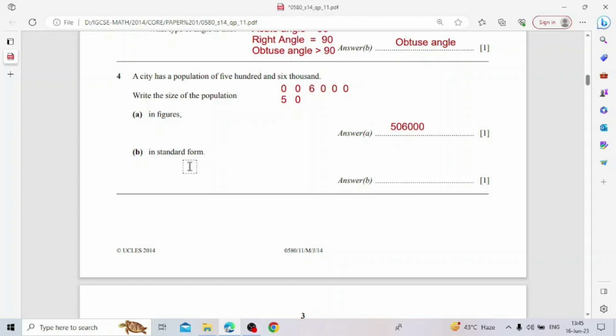In standard form, you write the number in short, with the rest of the numbers raised to 10 to the power of something. Suppose I have this number, 0, 6,000. How can I write this as a standard number?